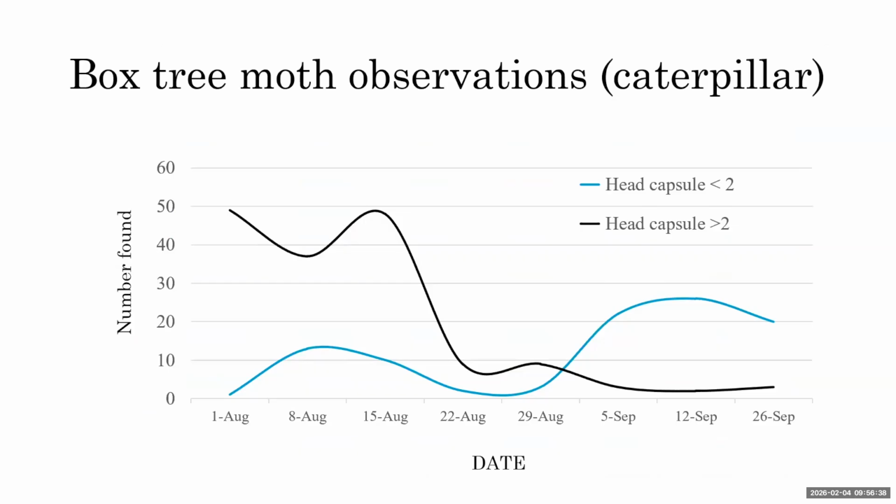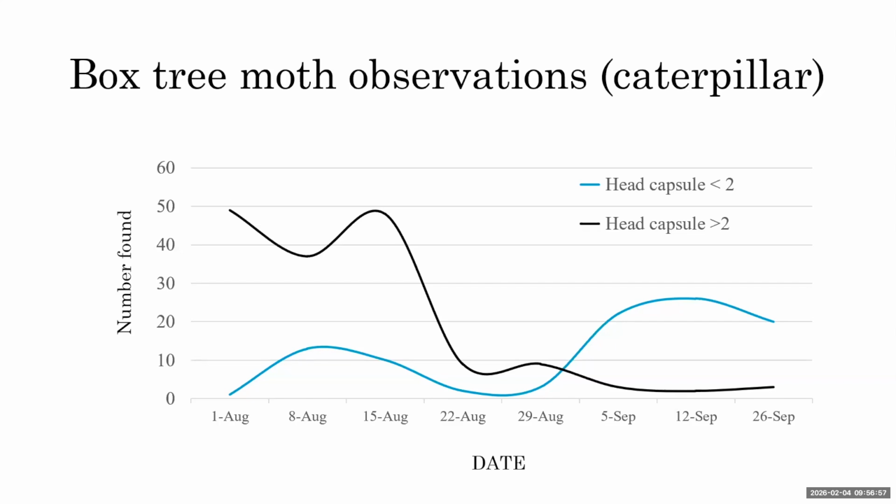And so when we were doing our head capsule measurements, we were seeing head capsules greater than 2 millimeters all the way out until around the end of August. And we started seeing some fluctuation in our smaller caterpillar population.